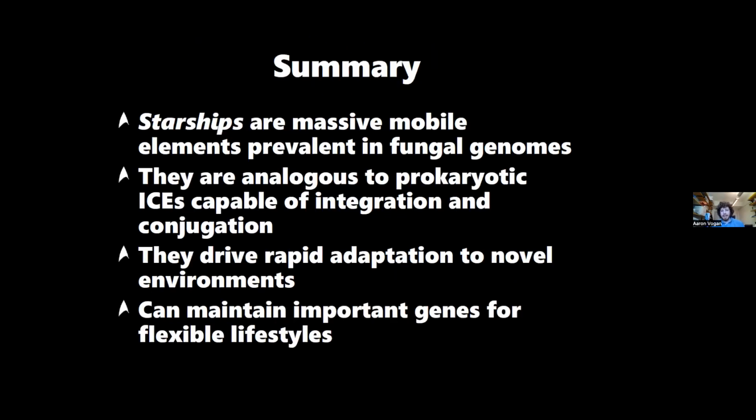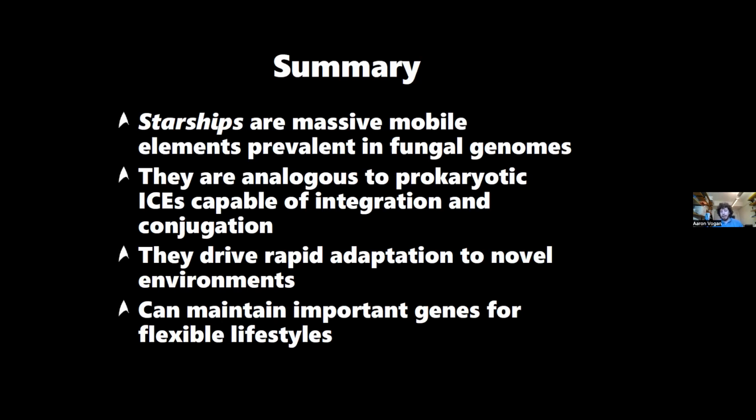And so getting towards the end here, just to summarize and leave a couple more bits and pieces for you all to think about. We've discovered the starships. They're this family of massive mobile elements that are prevalent across fungal genomes, specifically the Pezizomycotina. We think we've provided pretty good evidence that they're analogs to prokaryotic ICEs, integrative and conjugative elements, and that they can move around both within genomes and between individuals and individual genomes.